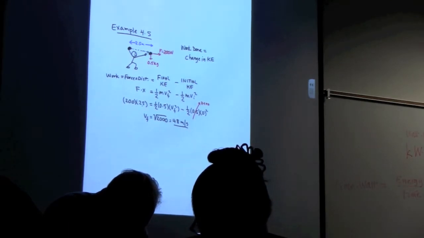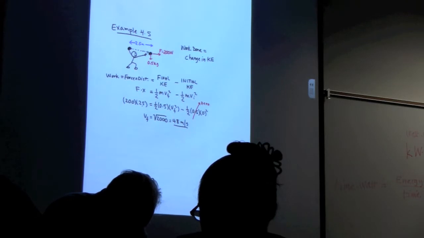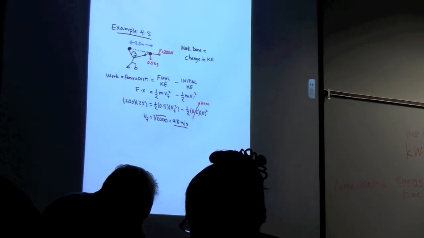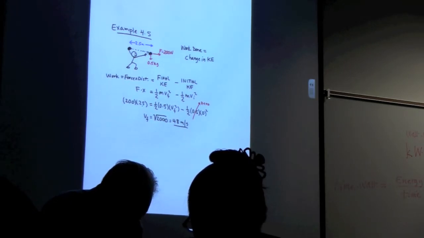So he's able to exert a force on the baseball over a large distance, giving it the greatest possible speed. Calculate the speed of the baseball if it leaves his hand when the pitcher exerts an average force of 200 newtons over a distance of 2.5 meters on a baseball that weighs a half a kilogram.